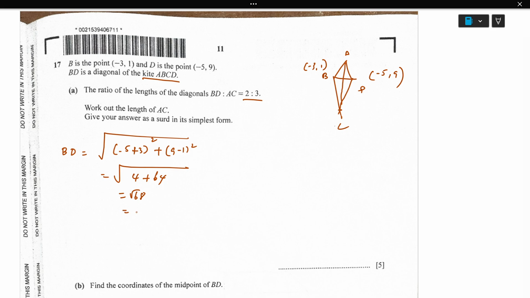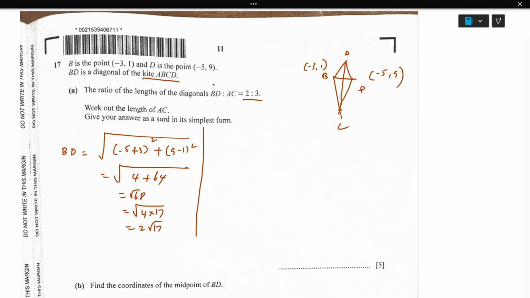Square root of 68, we can write as 4 times 17. So we'll get 2 root 17. So we got the BD length.